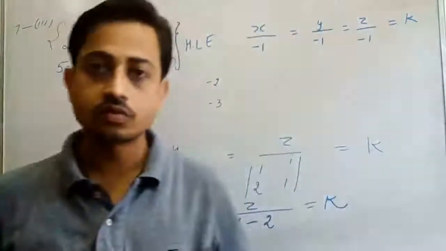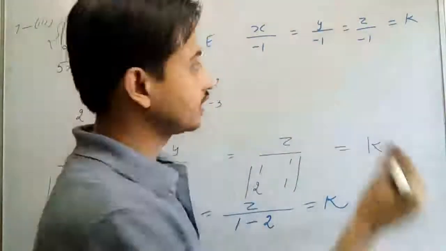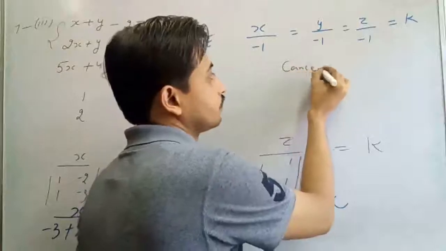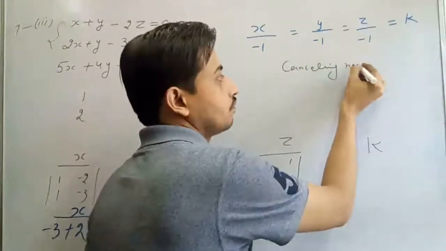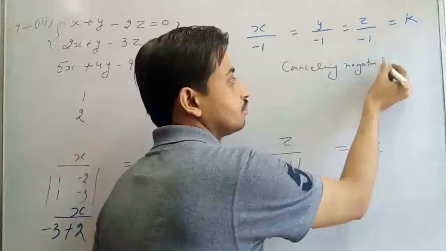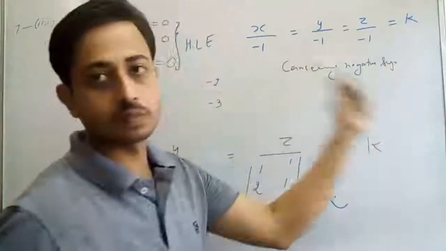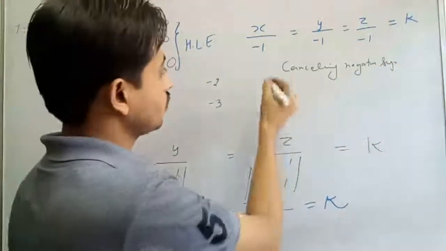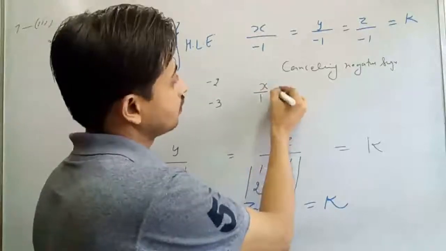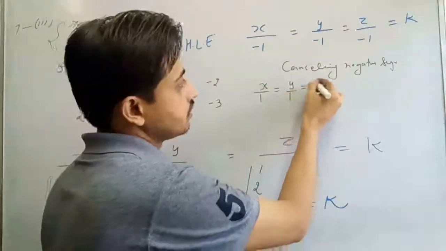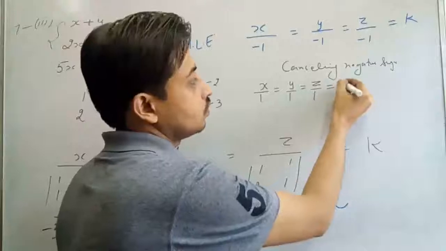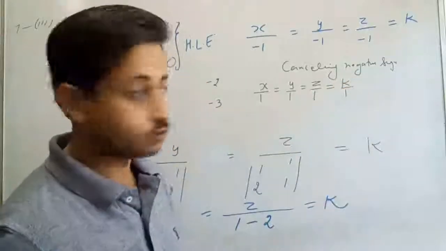All the terms have negative sign, so you can cancel out the negative sign, because negative is present in all the terms. So what you get? X by 1, y by 1, z by 1 is equal to k. Now it's very simple.